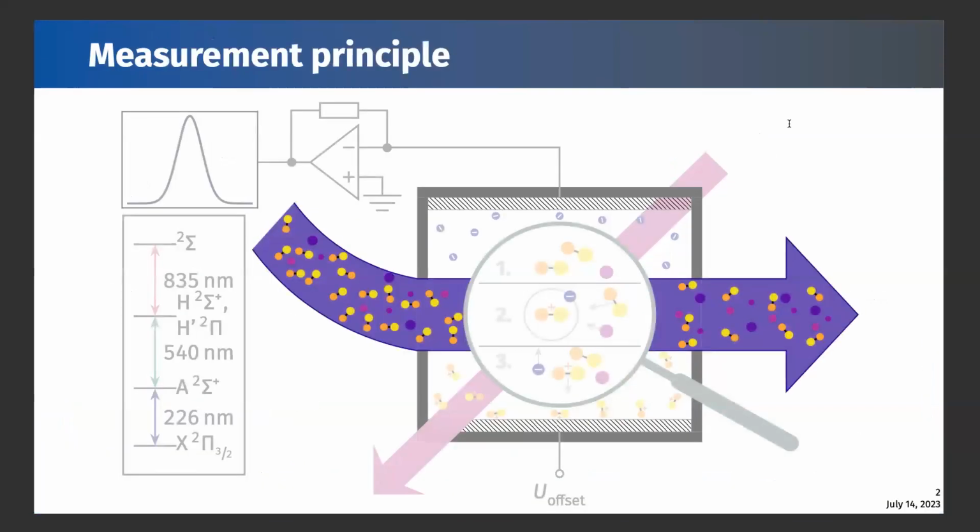What are we doing? In principle, I got already a pretty nice introduction by Frederick. We take our gas sample. It can be pure nitric oxide. In the end, it will be a mixture of several gases. We send it through one of our measurement cells, which is here.